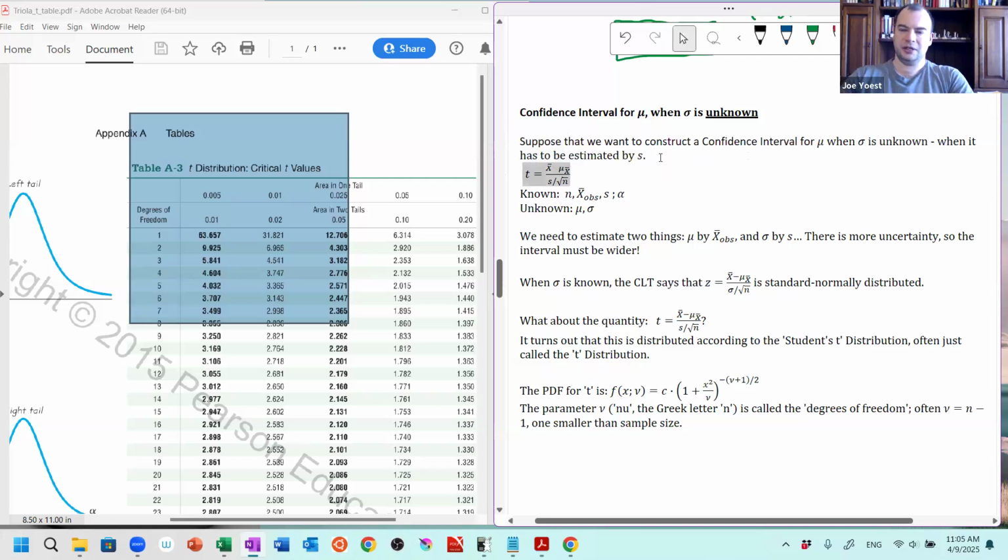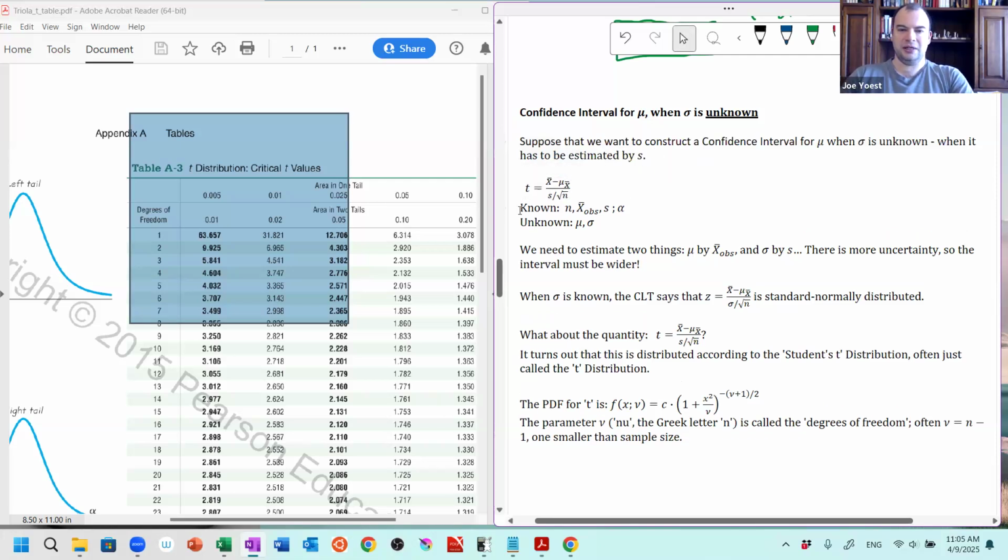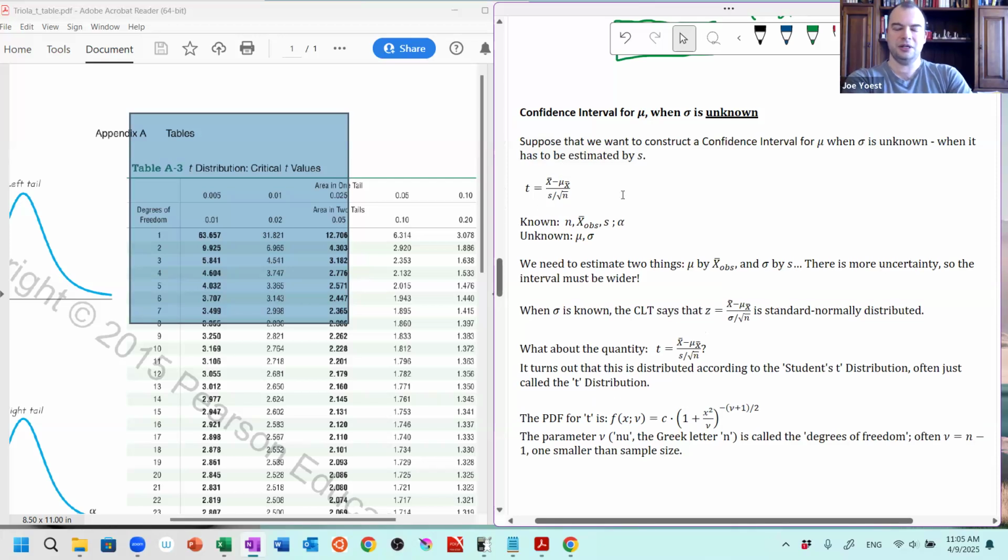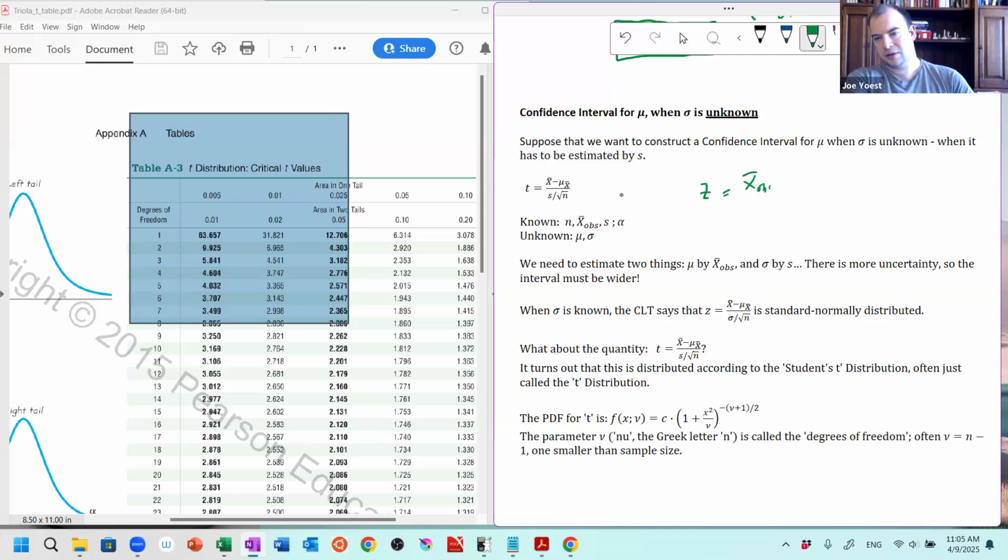So here we'll consider something like a t-score or a t-critical number, (x bar minus mu) over (s over root n). Recall that Z was (x bar minus mu) over (sigma over root n).